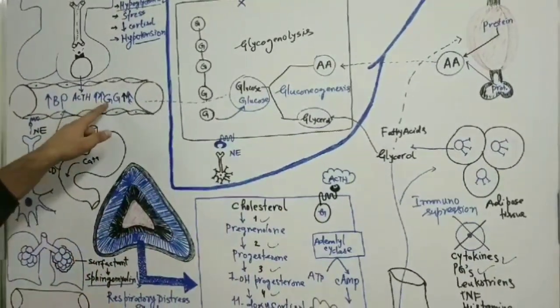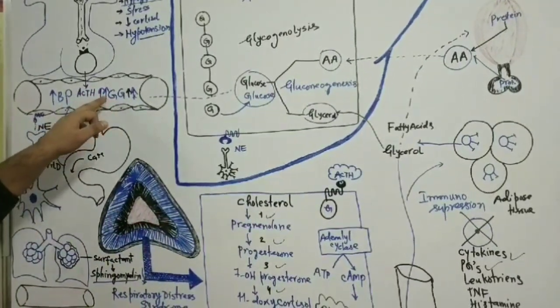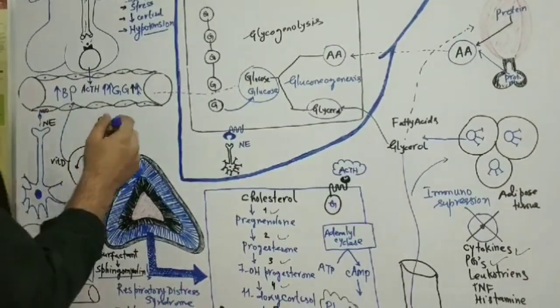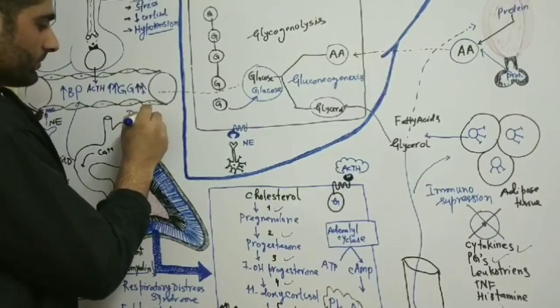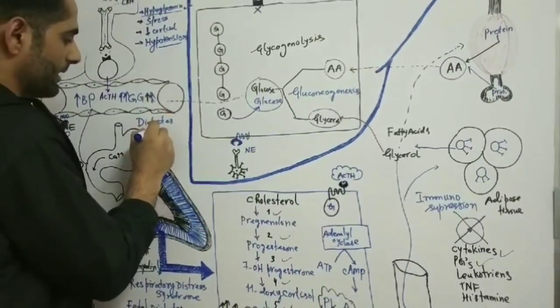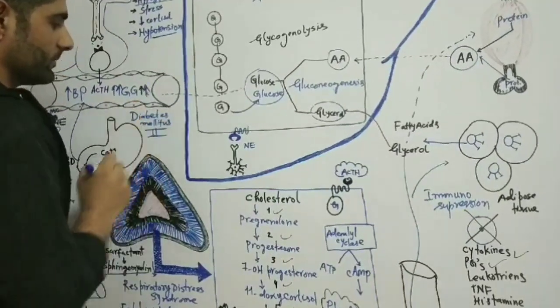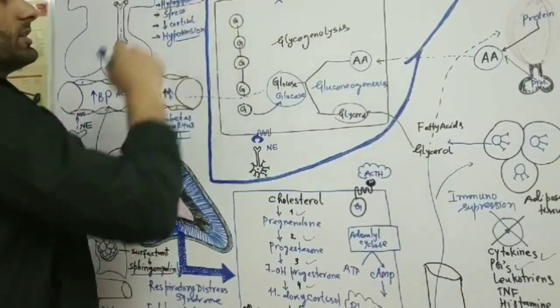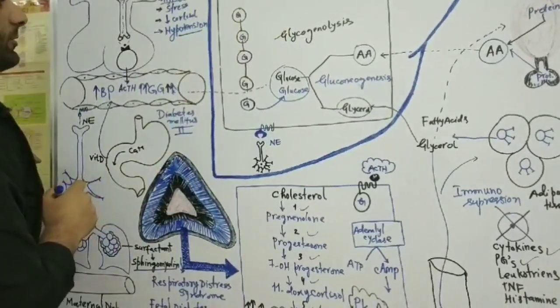It will accumulate like garbage, like dust. So such kind of increase in the glucose is known as diabetes mellitus type 2. So diabetes mellitus type 2 is caused due to insulin resistance or dysfunctioning of the insulin receptor.